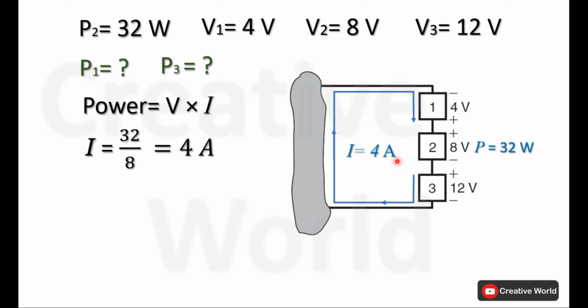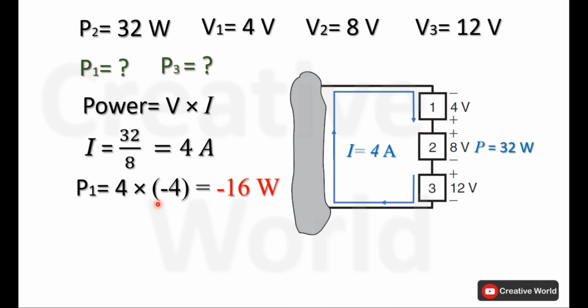Now we have the direction and magnitude of current through element 1 and 3, and the voltage across these two elements is also given. We can calculate the power of these two. Power of element 1 will be the voltage across this element times the current through this element, which is equal to minus 16 watt.